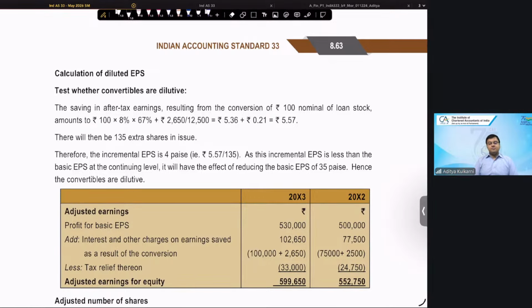But in the case of options, is there any such impact? Answer is no. There is no such impact that is possible. And therefore, there is no adjustment to the numerator. Only adjustment will be there to the denominator in terms of additions to the number of equity shares. Are we okay with this?